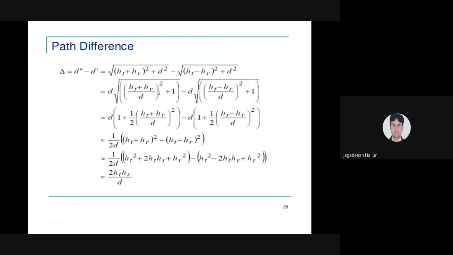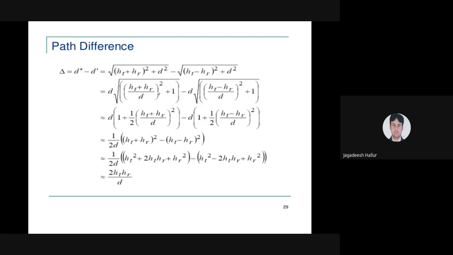The symbol is del. Del equals d double dash minus d dash. What is d double dash? The ground reflected wave. And d dash is the direct line of sight wave. The ground reflected wave d double dash minus the direct line of sight wave d dash.